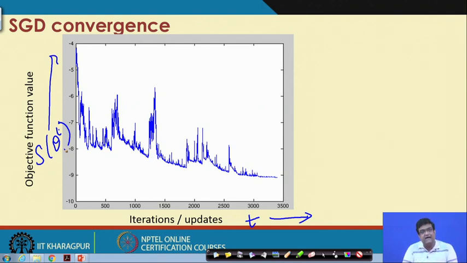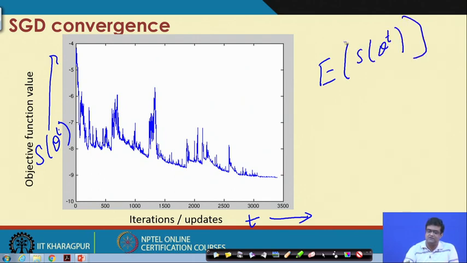You can see that it is not always decreasing, but if you take the expectation of S of theta_t, on an average this is going down. In the expectation sense, the iterates are going down. If you do many of these iterations and take an average, then you will see a trend like this.